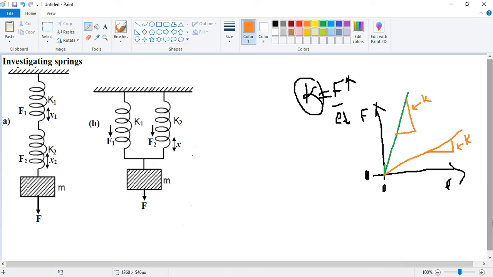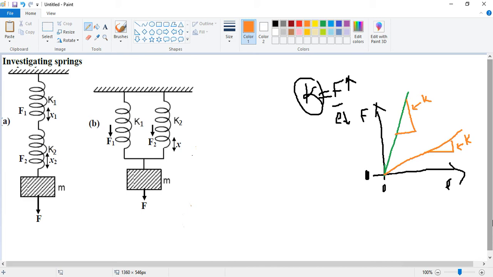Such springs, you don't expect them to extend or stretch by the same extent. So one will be stiffer than another because of the thickness or the diameter of the wire used to coil it, which will make one spring stiffer or less stiff than the other.